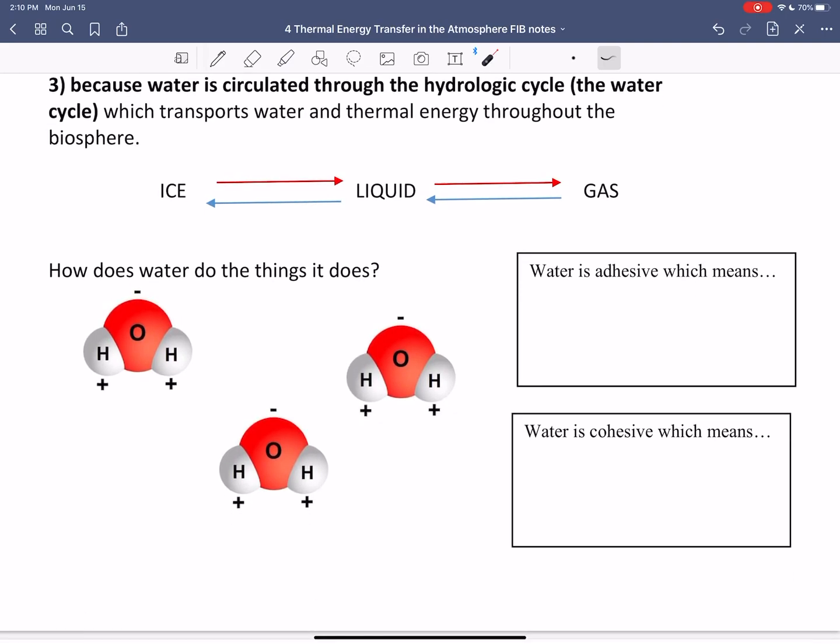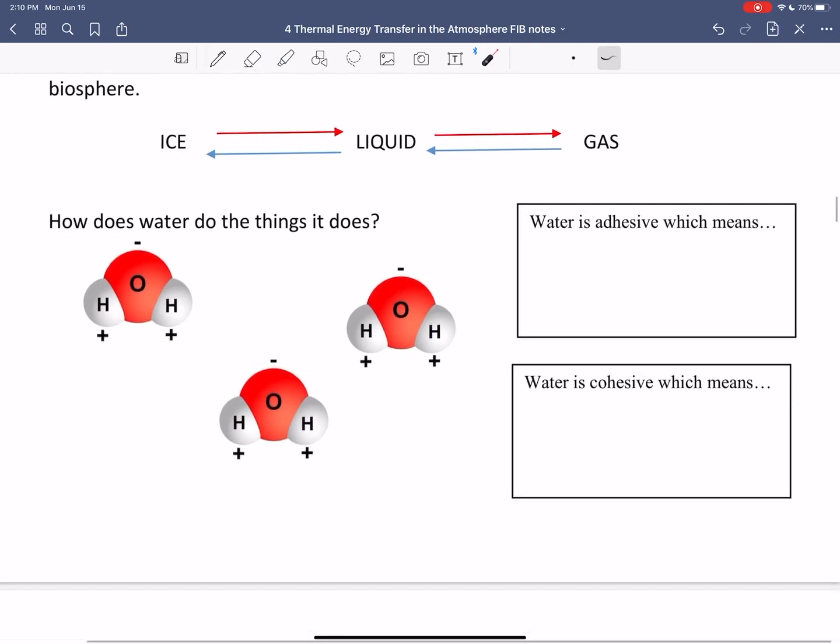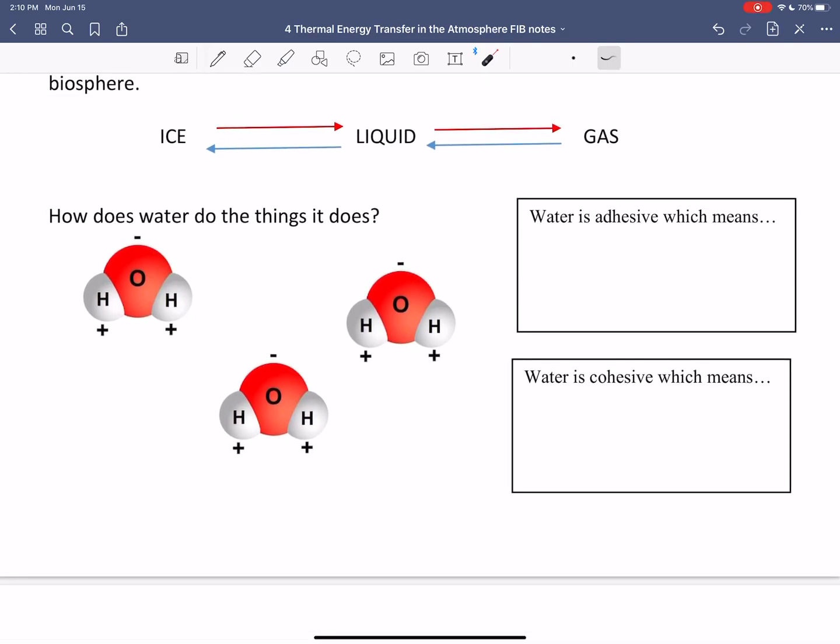So how does water do the things that it does? Well, we know that water is a polar molecule, right? So when I look at H2O, it has a positive end and a negative end. The positive end of one molecule is attracted to the negative end of another, and the negative end of one molecule is attracted to the positive end of another.